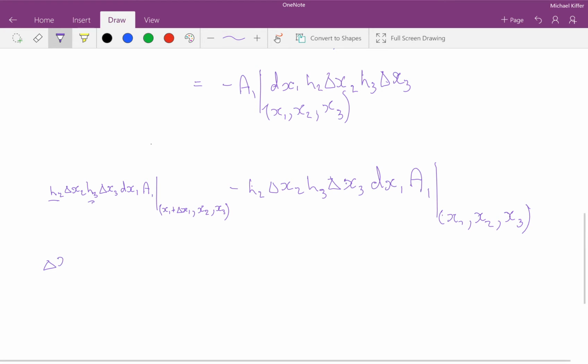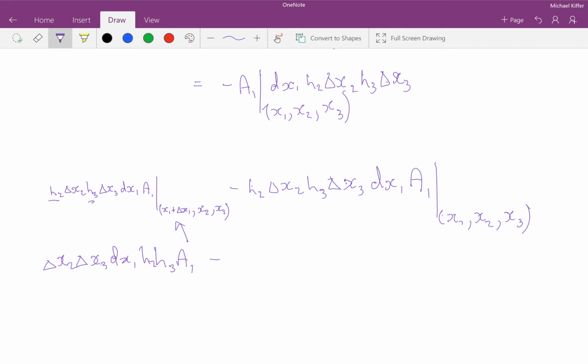So we've got delta x2, delta x3 dx1 a1, h2 h3 a1 evaluated there minus delta x2 delta x3 dx1 a1 evaluated there.